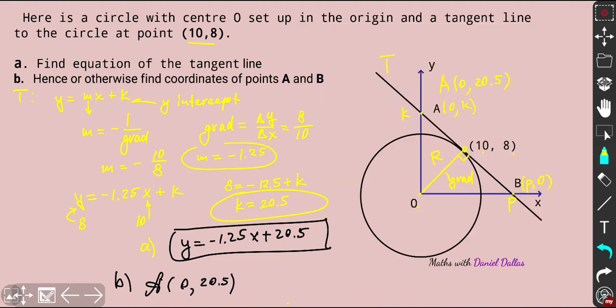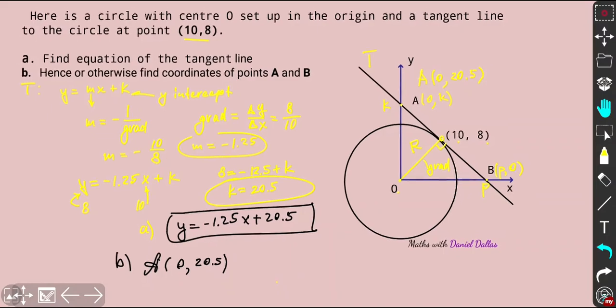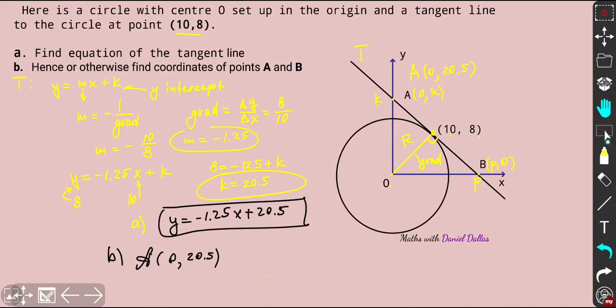We know this tangent line, with the well-known equation, goes through the point B as well. So the x-intercept of this line is going to be p. We definitely know that when the x-intercept occurs, y is 0. So for B, with coordinates p and 0, we equate 0 for y, and instead of x we put p. We get 0 equals negative 1.25p plus 20.5.